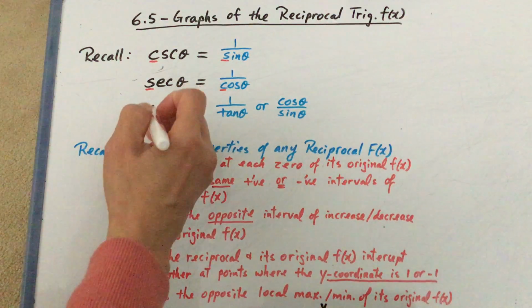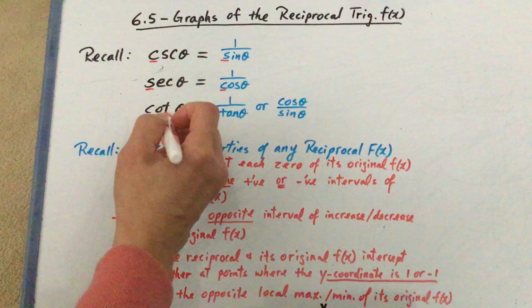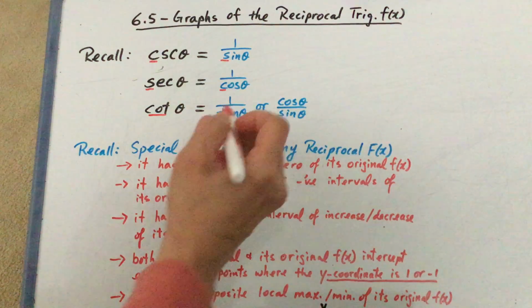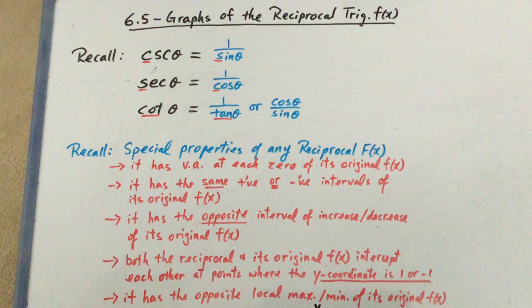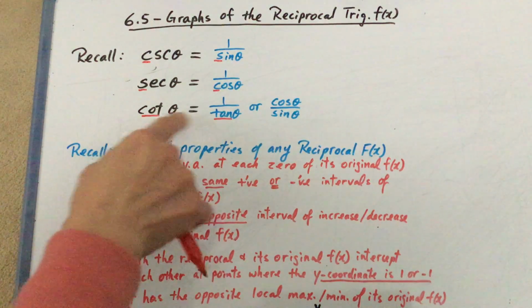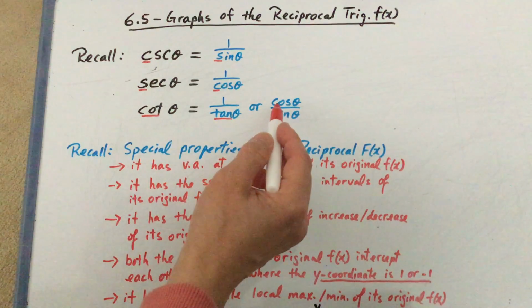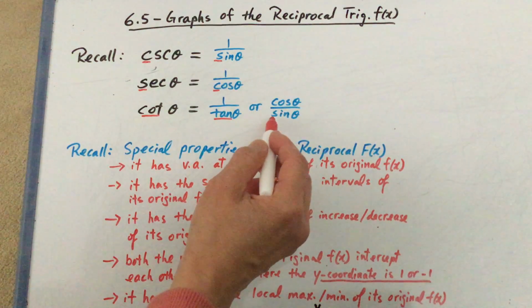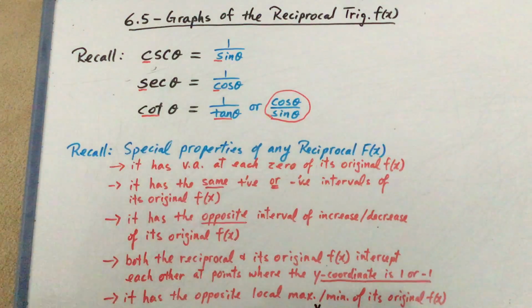The cotangent is easier because it is basically the reciprocal of the tangent, so it's not easy to mix up. That is something you need to keep in mind.